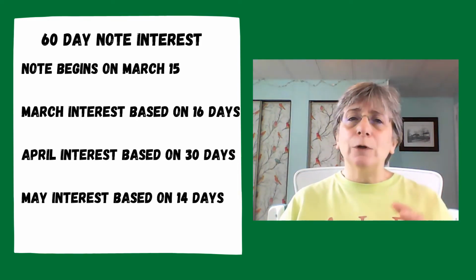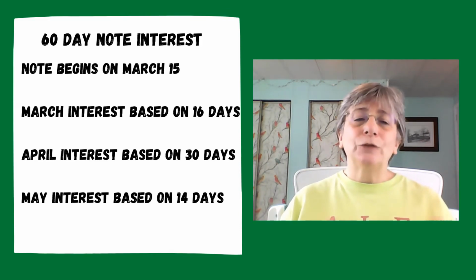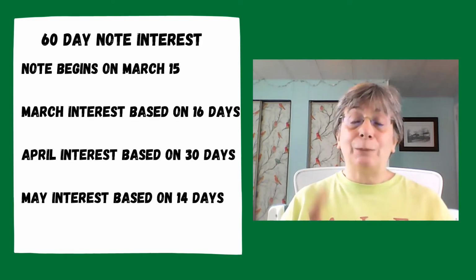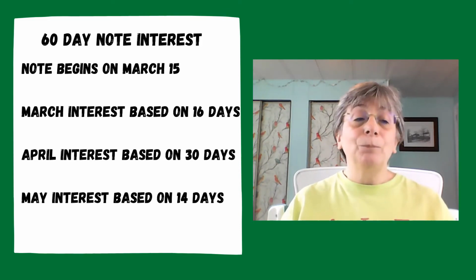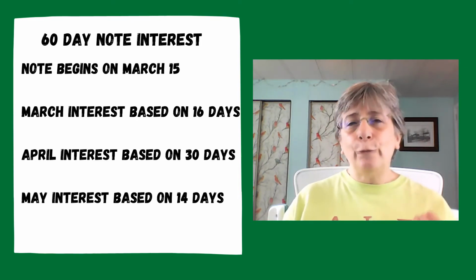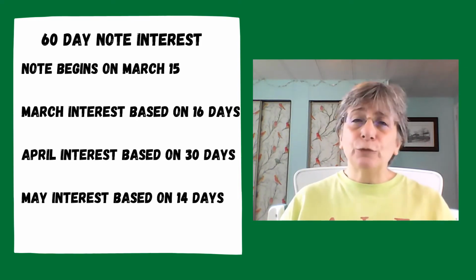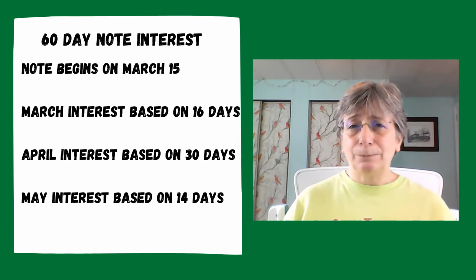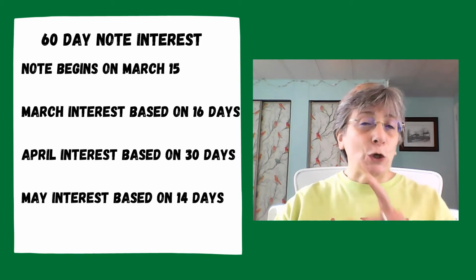And then in April, it's the whole month. So it's 30 days. 30 days has September, April, June, and November. So we're going to book 30 days of interest revenue for April. And then in May, when that note matures, it's going to be 14 days of interest revenue that we want to book, for a total of 60 days. With me so far? Good.